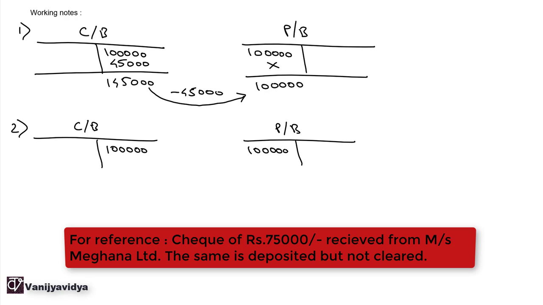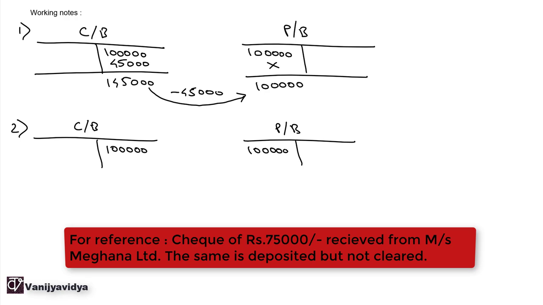The balance as per cash book will be on the credit side and balance as per passbook will be on the debit side. Even while analyzing that particular transaction, you have to keep in mind that it's an overdraft balance. So the impact of the transaction will be opposite to your normal balance. Now, cash book. Now, what is the transaction? The check is deposited but not cleared.